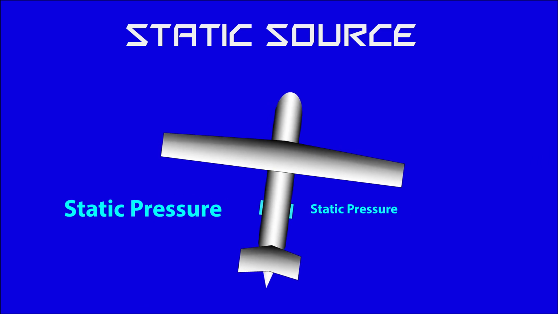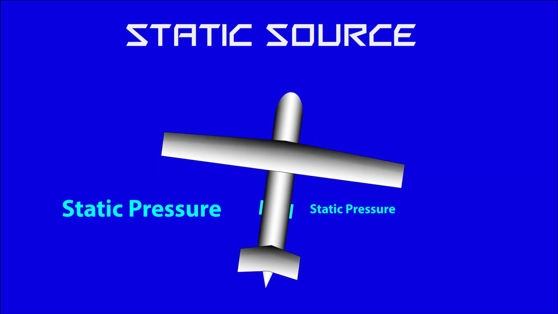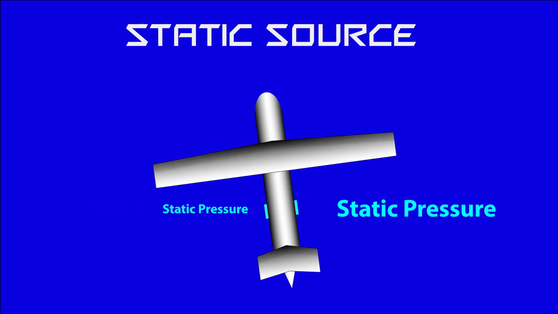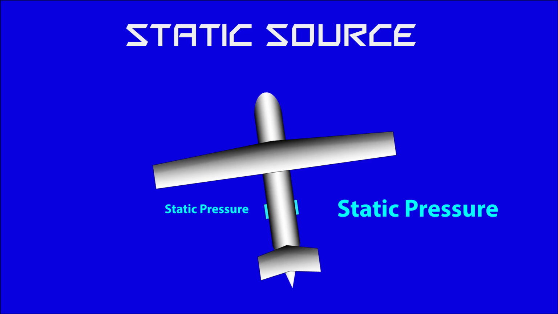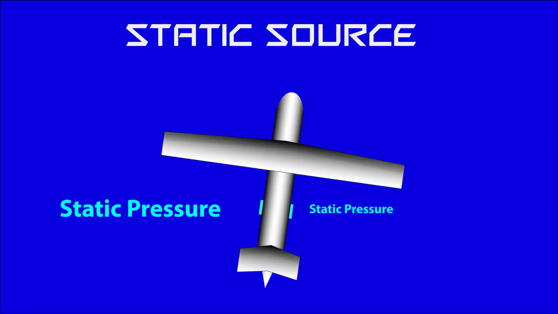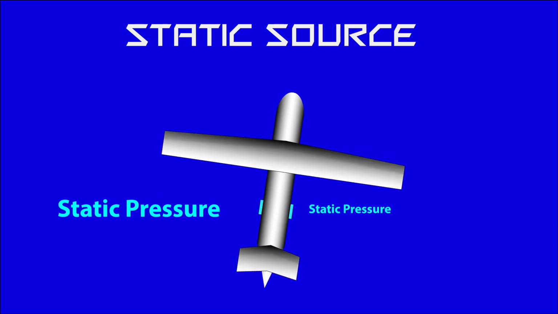Minimization of this error is achieved by carefully positioning the static vent or by using multiple vents to average out the errors. This is known as static balancing, and it is obtained by fitting vents on either side of the aircraft fuselage.